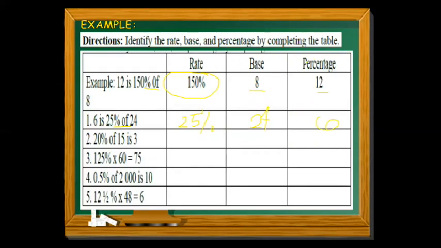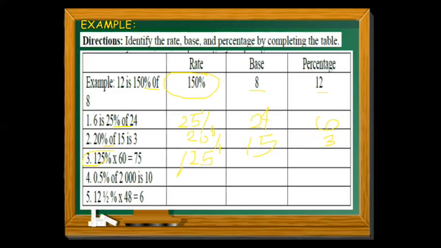That's the percentage. Another one, 20%. Our rate, of course, is the one with the percent sign. So 20%. And then our base is the one after percent of. So that's going to be the 15. And the remaining number will become the percentage. This one, 125%, that's our rate. Always remember the rate is the one with the percent sign. And then times 60 is equal to 75.